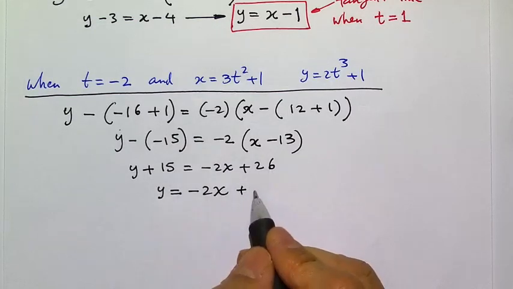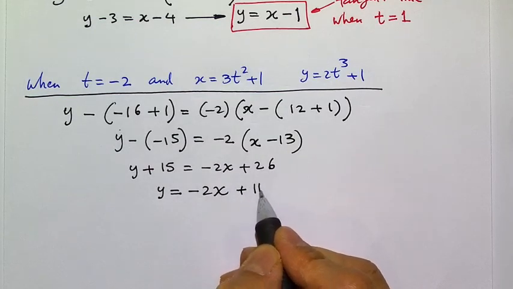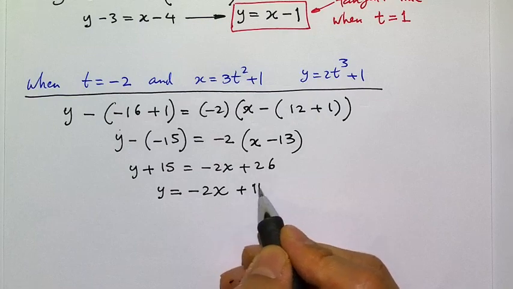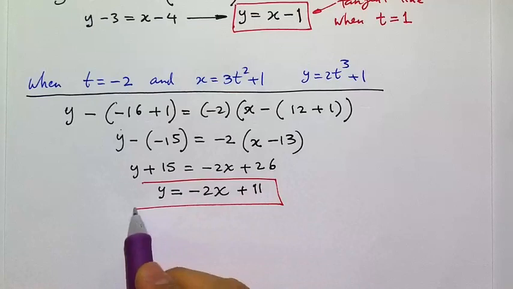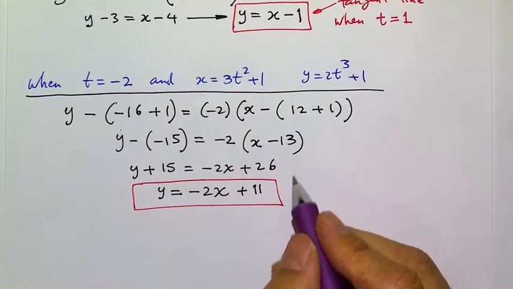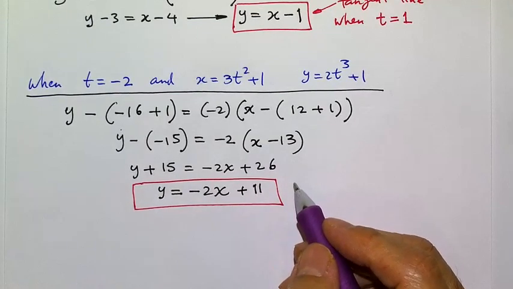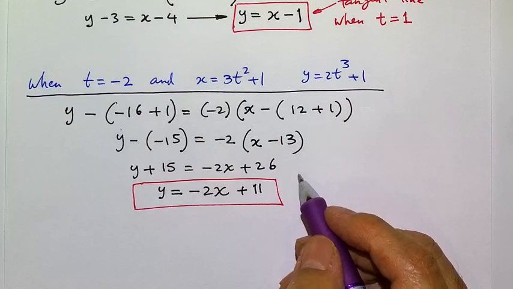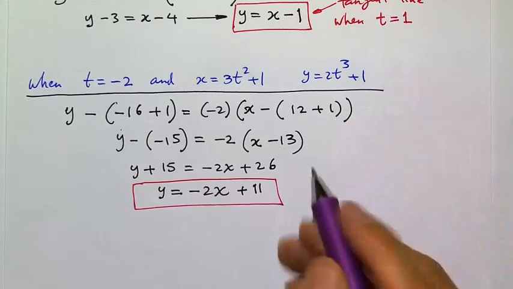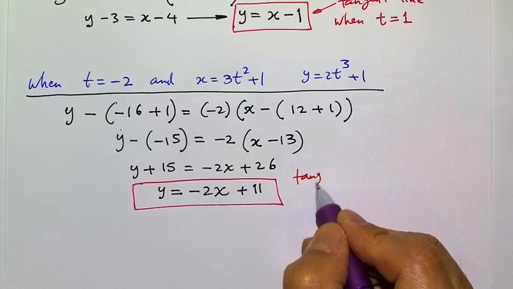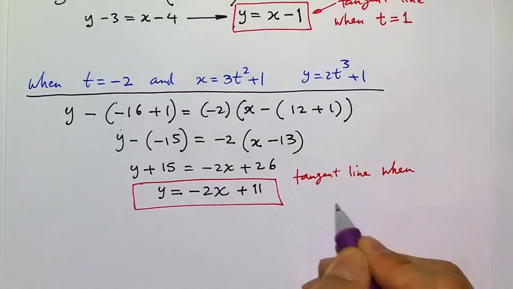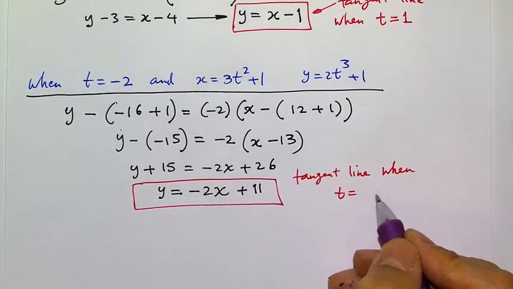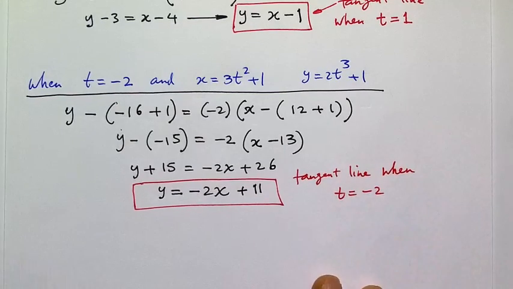So 26 minus 15 gives us 11. Okay, so this is another, second tangent line, the tangent line when t equals minus 2.